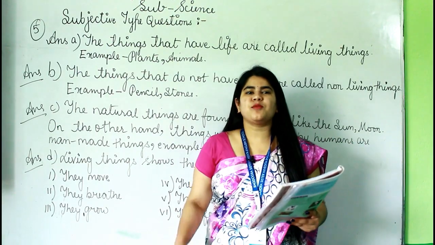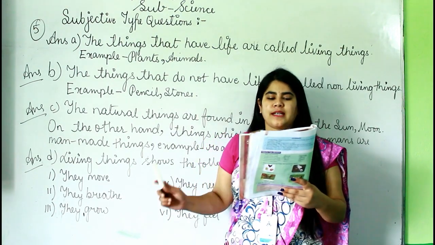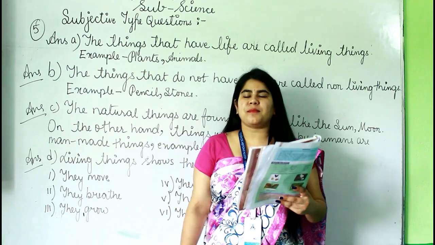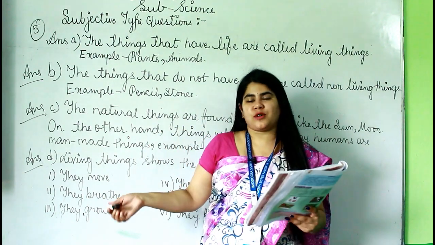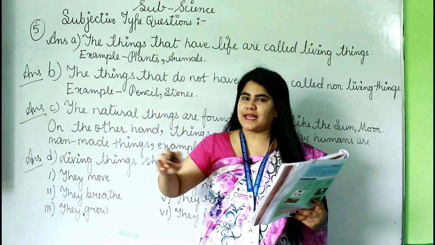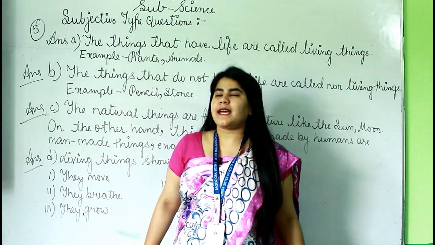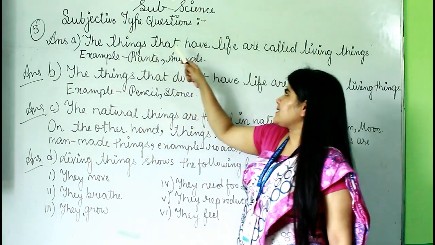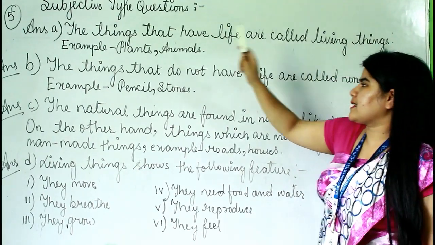Okay, now let's move on to the subjective type questions. So this is answer the following. Question number 5. Now you have to write the answers in your notebook. Just pause the video and write the answers. First one, what are living things? Give examples. The things that have life are called living things.